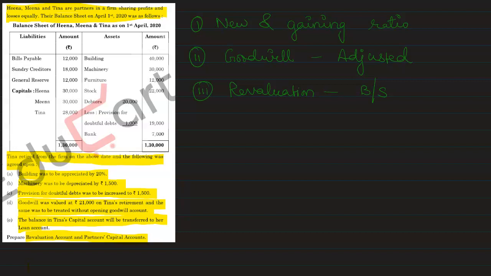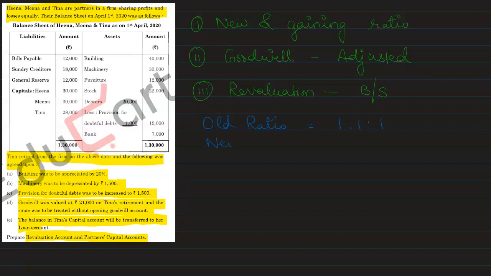So let us first continue with the calculation of new and gaining ratio. The old ratio was equal and there were three partners, so equal means 1:1:1. No new ratio has been given to us, neither has it been given how the share of the retiring partner will be divided among the remaining partners.